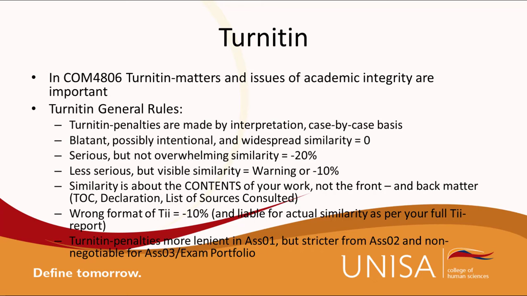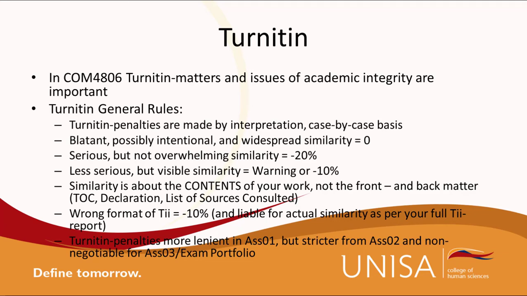And for less serious but still visible similarity, you will receive a warning in assignment 1 and a 10% deduction in further assignments. Remember that we don't consider the table of contents, the declaration, the list of sources, and so on as part of the content of your assignment when it comes to similarity. Those things you're all required to do, so it will be similar to others. So don't worry if the similarity is marked in that front and back matter.